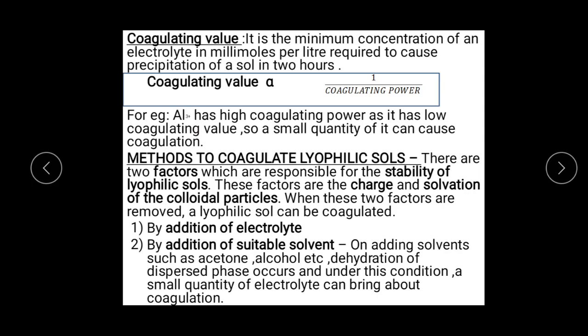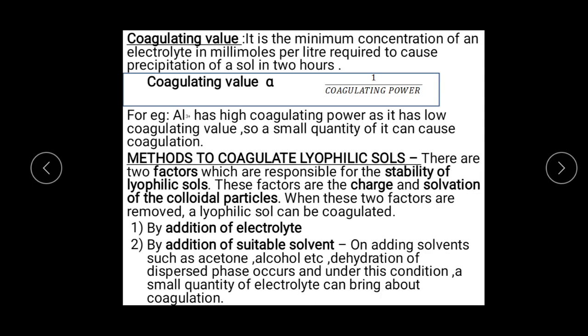Now we move to the next topic, methods to coagulate lyophilic sols. There are two factors which are responsible for the stability of lyophilic sols. First is charge and second is solvation of colloidal particles. When these two factors are removed, a lyophilic sol can be coagulated.